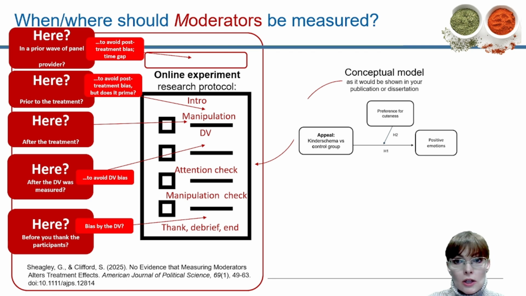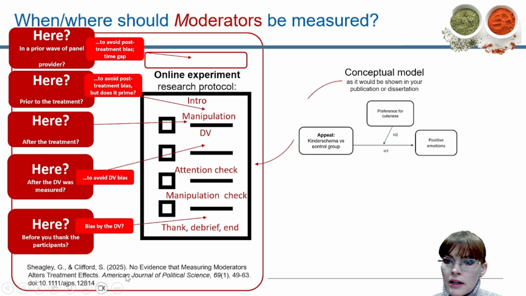So there are a lot of questions here. Then they asked, should you measure it after the treatment, before the dependent variable? Should you measure it after your dependent variable to avoid biasing your dependent variable? Or should you measure it at the end of your experiment, once you've collected all your attention and manipulation checks? So as you can see, there's a big debate there as well.